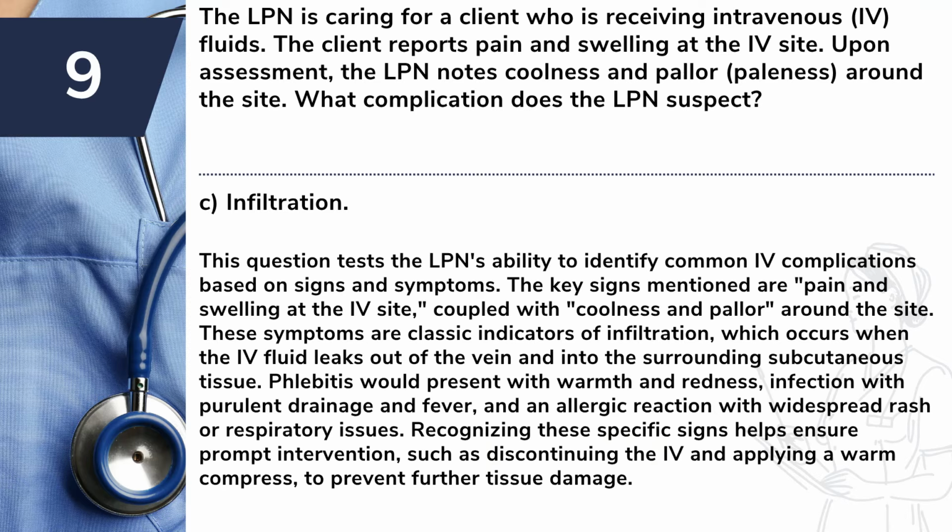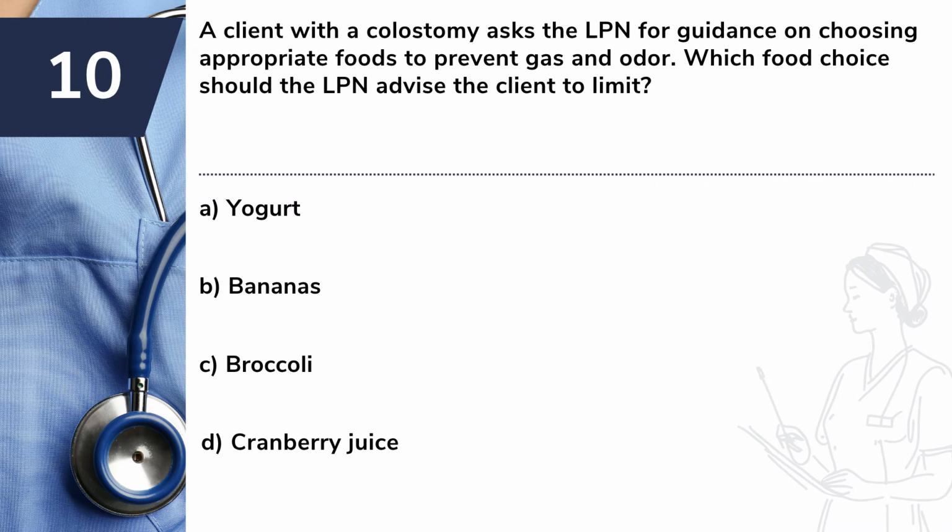Phlebitis would present with warmth and redness, infection with purulent drainage and fever, and an allergic reaction with widespread rash or respiratory issues. Recognizing these specific signs helps ensure prompt intervention, such as discontinuing the IV and applying a warm compress to prevent further tissue damage.